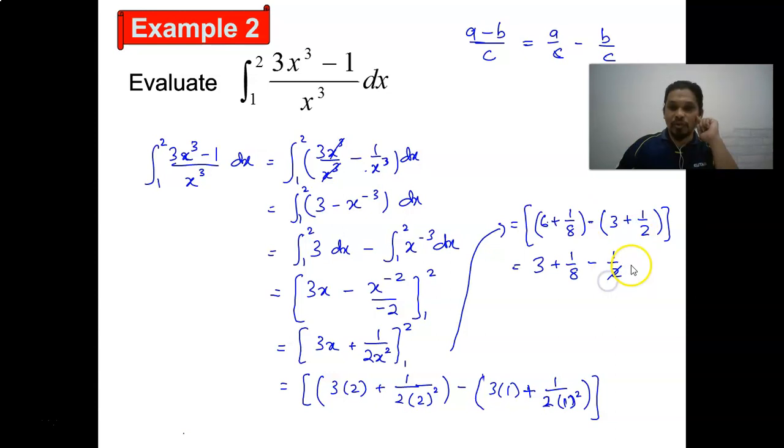Okay, change this into 2 times 4 equal to 8, and then 1 times 4 equal to 4.